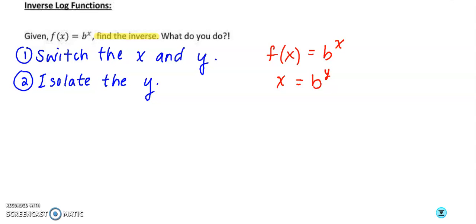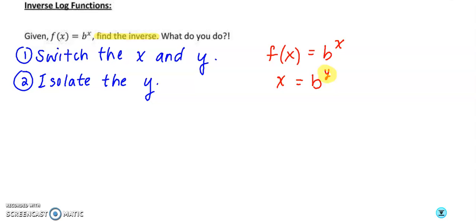We need to get this y by itself. So the y you see is in the position of the exponent, meaning we have to get rid of the b at the base. Well, we know now that to eliminate the base of a power, you have to use logs. And the log you use has to have the same base as the base of the power. So in this case, b.